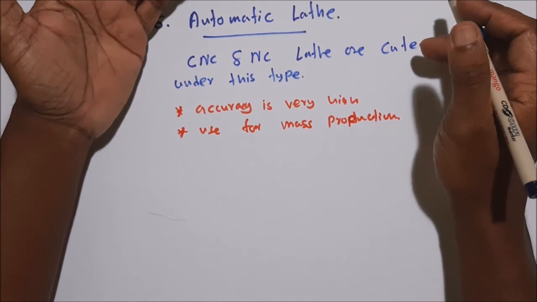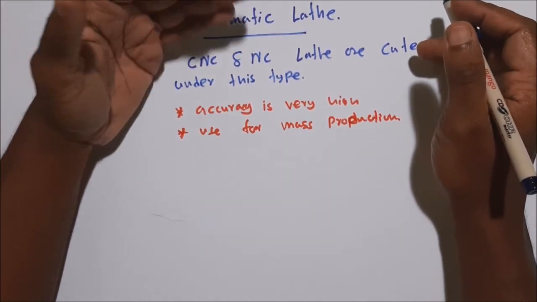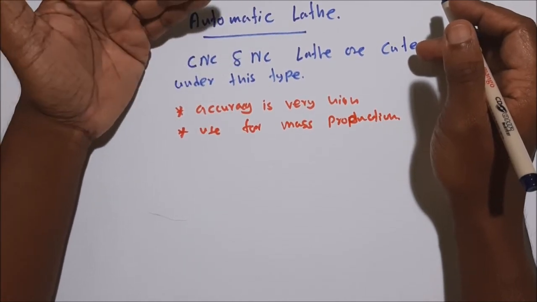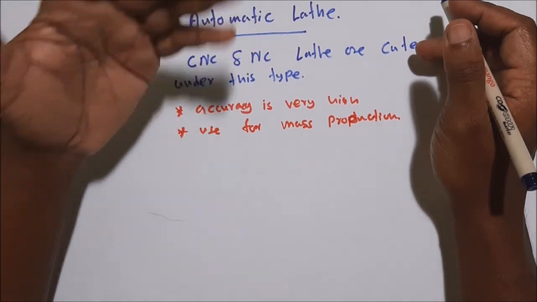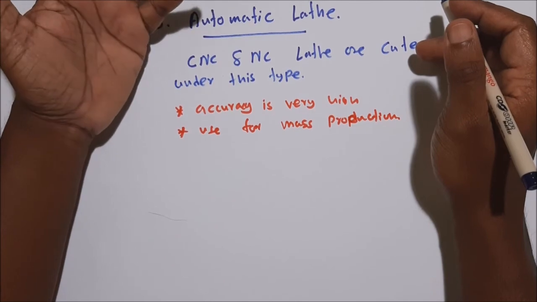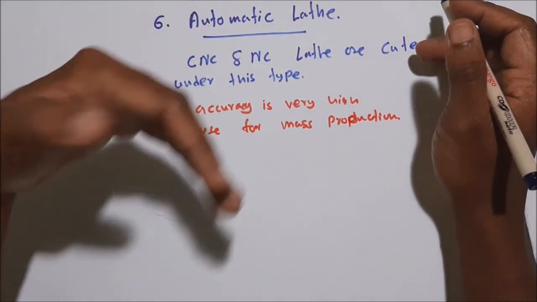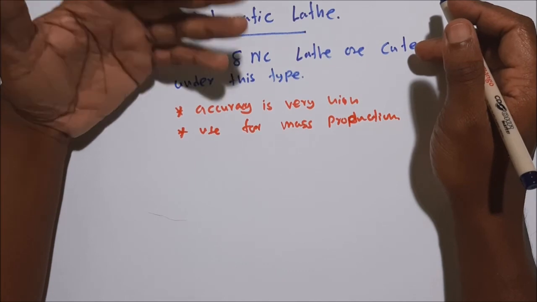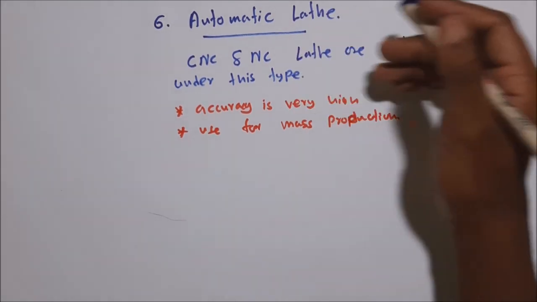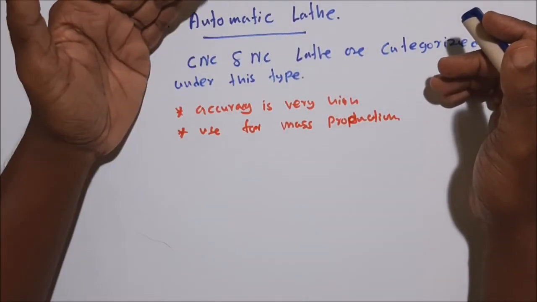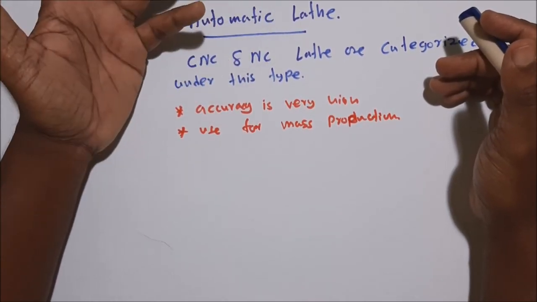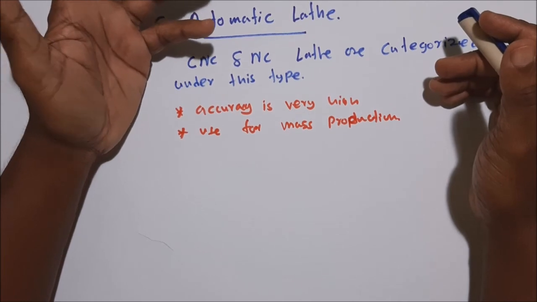Tool is fed automatically. Tool changing is also automatic. That means it is done according to the user written program. We can program the tool feeding path, and also the tool changing. That means entire machining is done according to the user written program. That is the important feature of the automatic lathe machines, numerical control machines, and computer numerical control machines. Accuracy is very high, used for mass production.